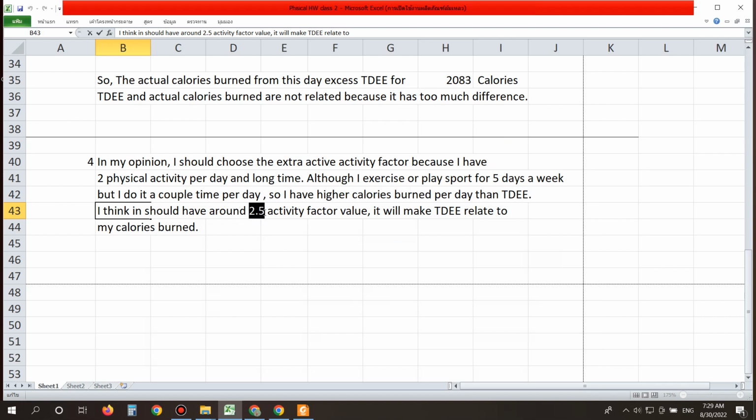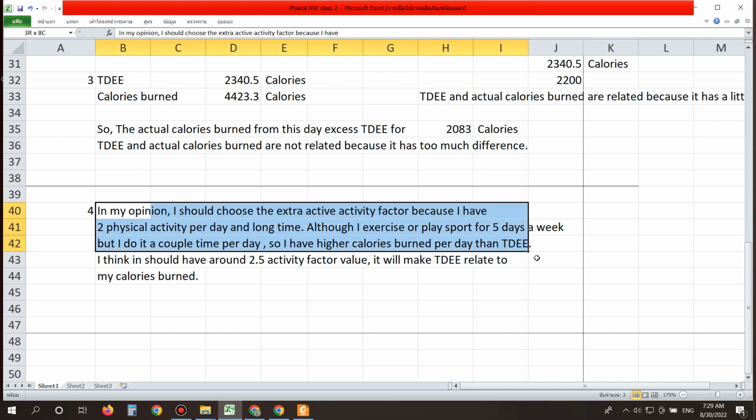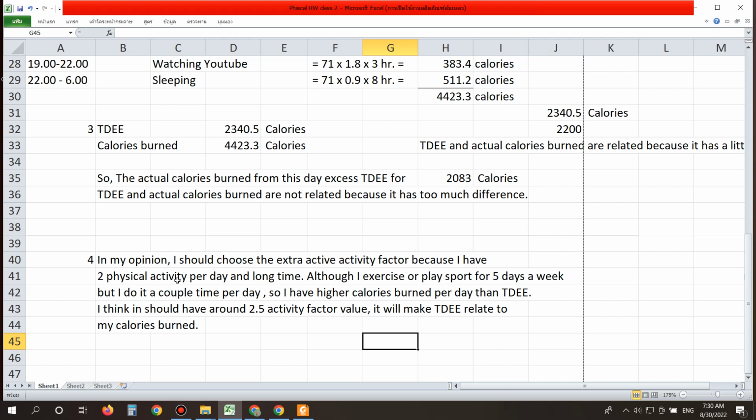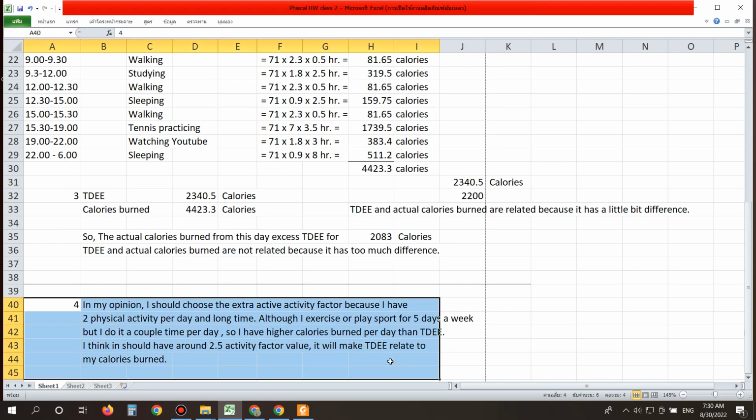If I use a 2.5 activity value, it will make TDEE relate to my calorie burn. If I use 2.5, TDEE may be near my calorie burn. So I give you an example. My example, you can adapt it to your opinion. Okay, this is done for your homework.